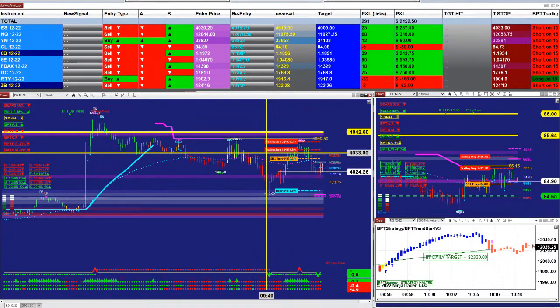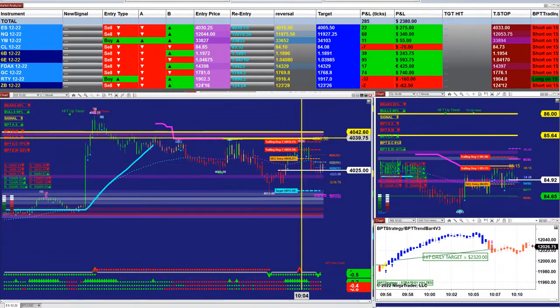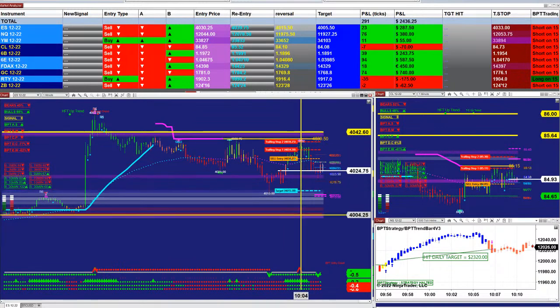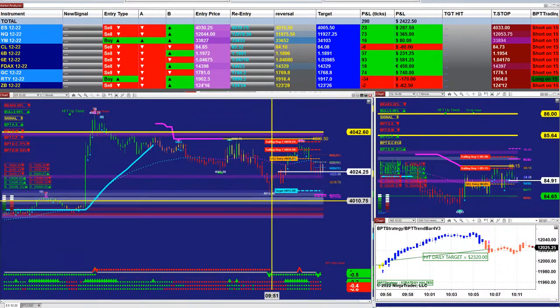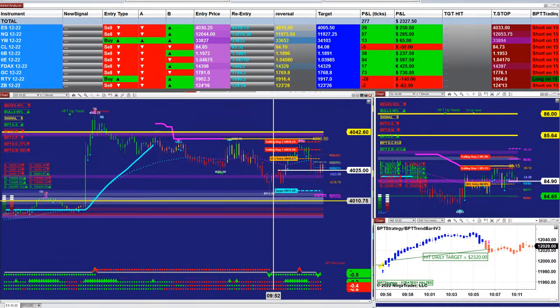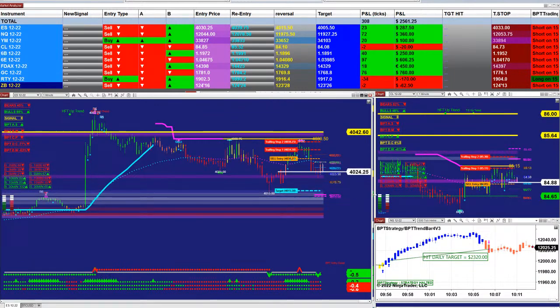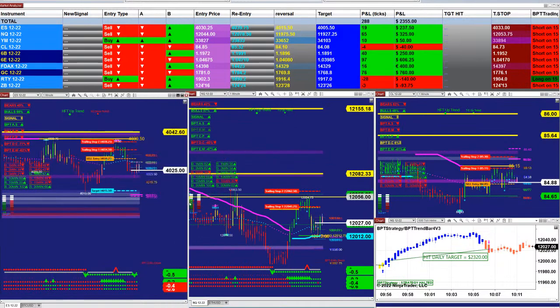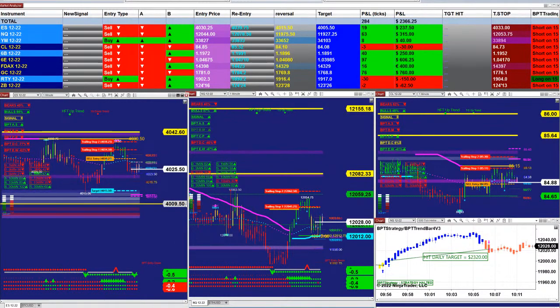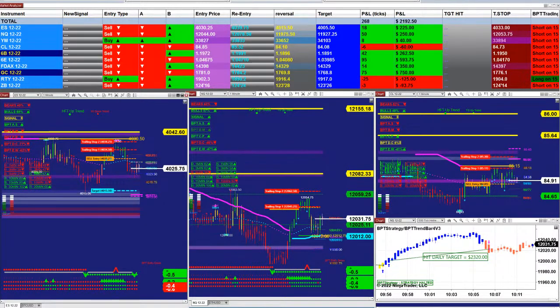So we need to see some breakout either above the 40.39, or I doubt very seriously we are able to break all those support areas. But now the news, there are 3 minutes for the news, and then we can decide which direction this market is going, and then go forward with the trading. So please be careful in these next 5 minutes, and then we will see.